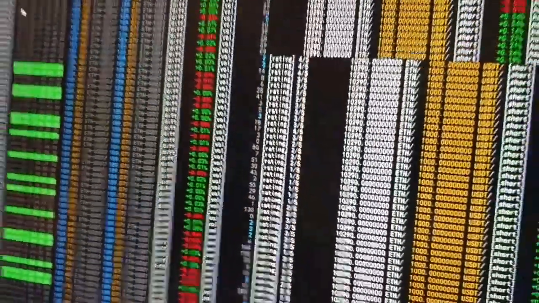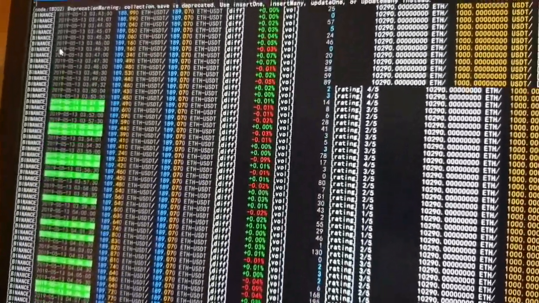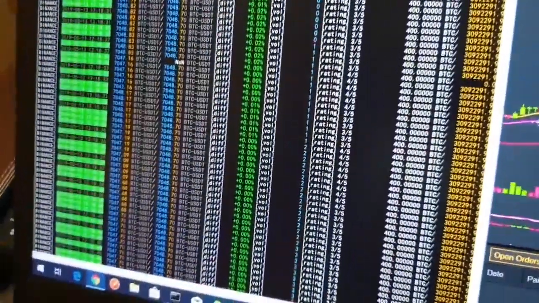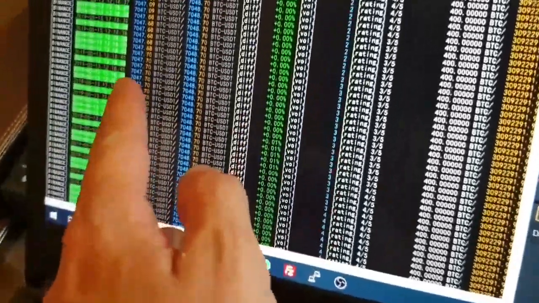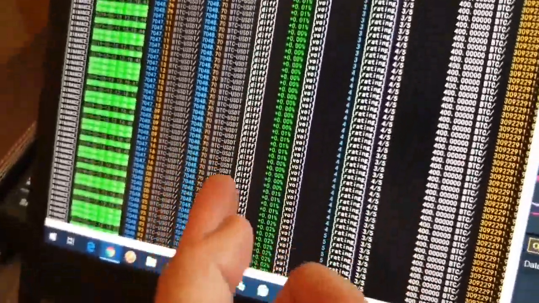Okay, so this is Binance. I'm going to switch over to another Jarvis. Now this is Binance here, BTC USDT. This is the current price, 7,447, and this is the target price.